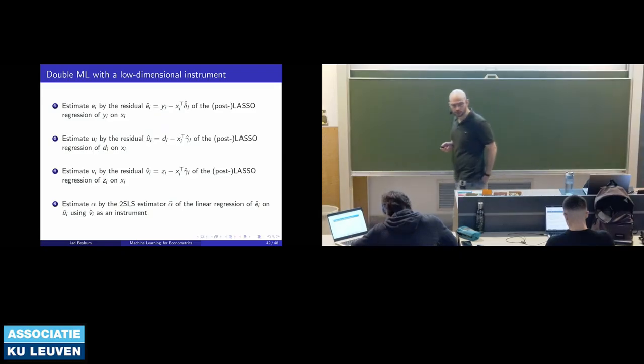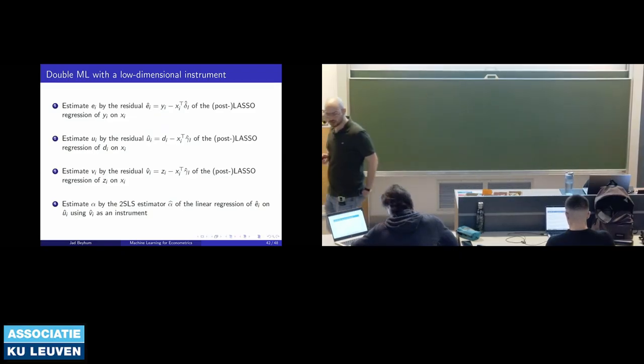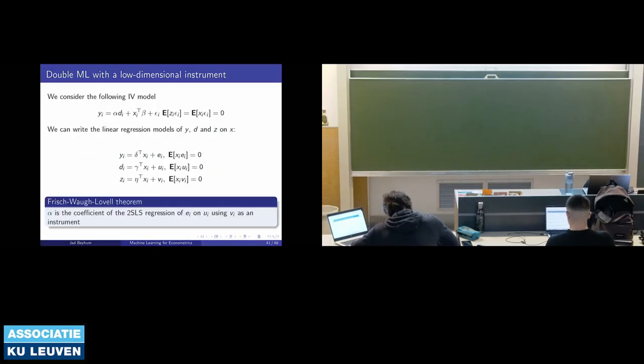Is this clear to everyone, or do you have any question? Do you understand? Yes? Could you maybe say which equations are estimated in the last 2SLS? Which equation? Okay.